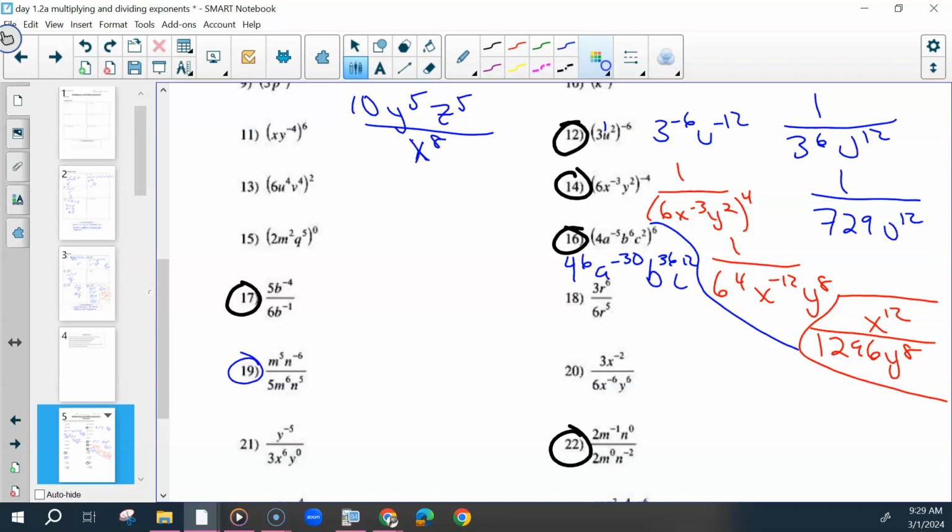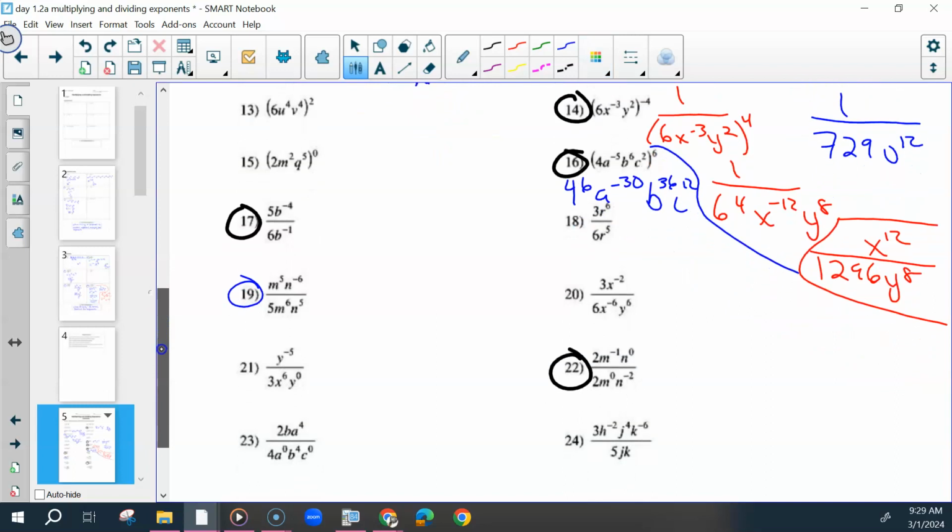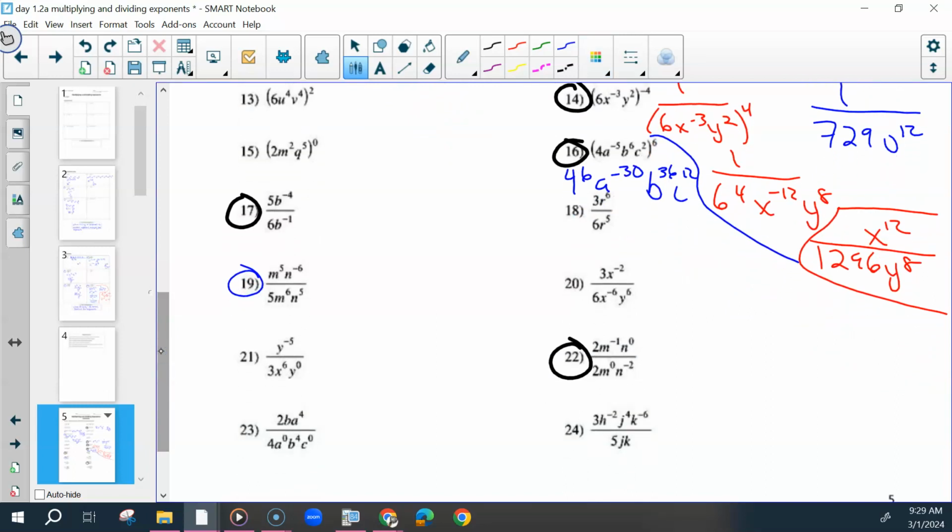Someone tell me what 4 to the 6th is. $4,096.